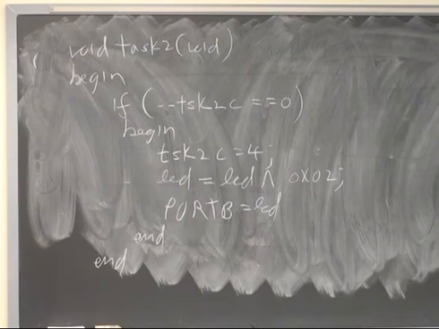So this is just going to count up in the, if I remember right, task time 2 was set to 125 milliseconds. And so counting to 125 4 times will give us 500 milliseconds for a cycle time of 1 second.